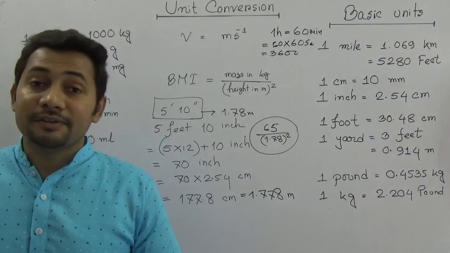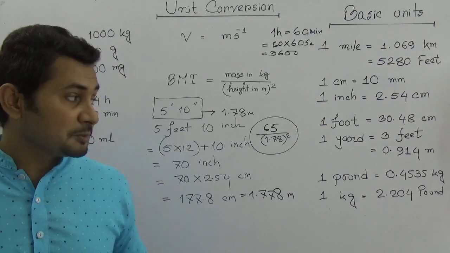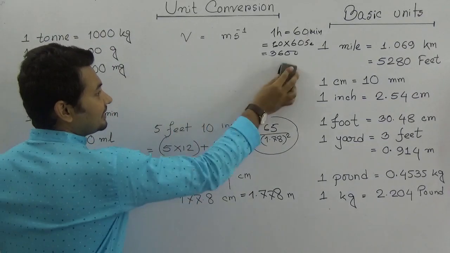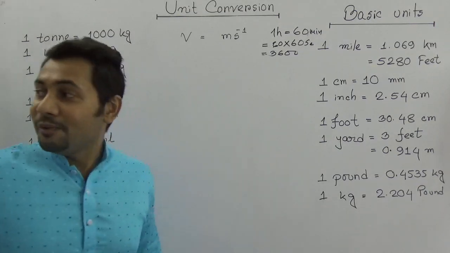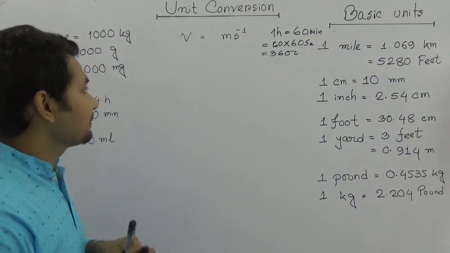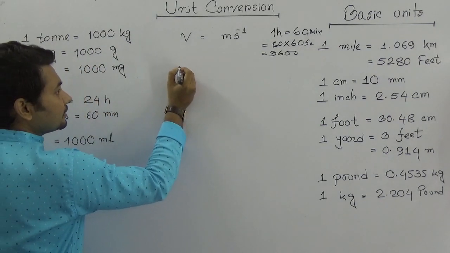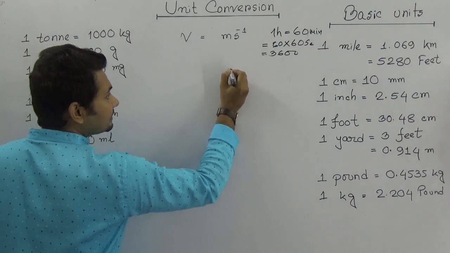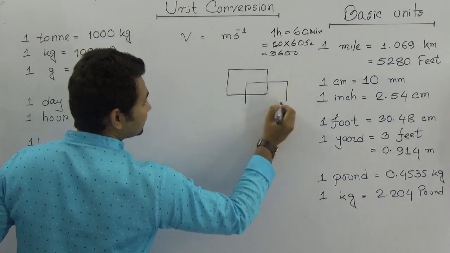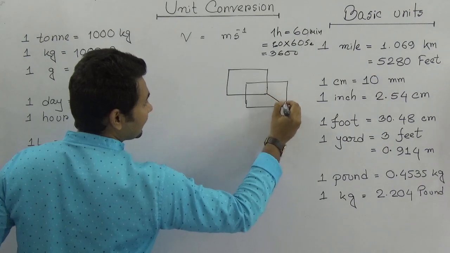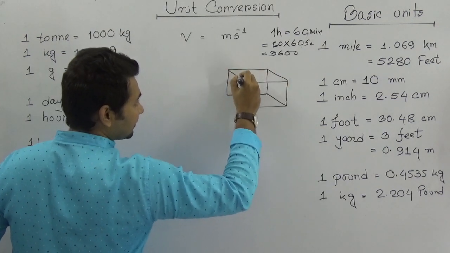But one thing is very important that I need to explain in this video, is to find the area and the volume. Whenever you studied about area, you know that when we find the area of a rectangle, what do we do? We multiply length and breadth.